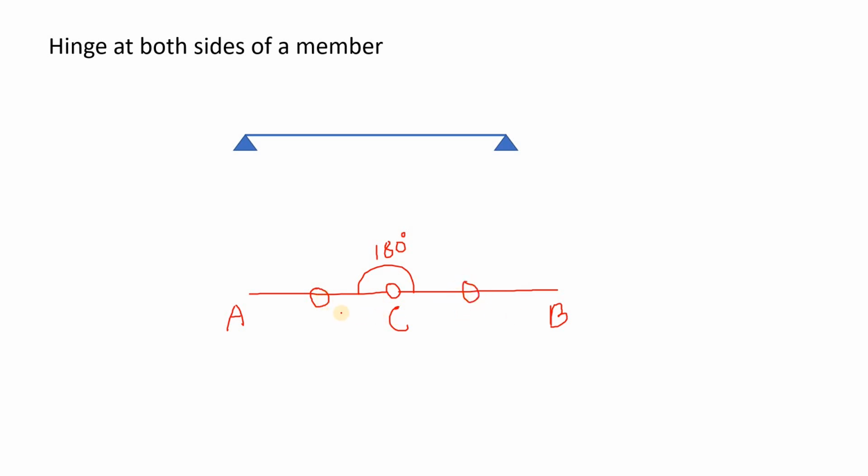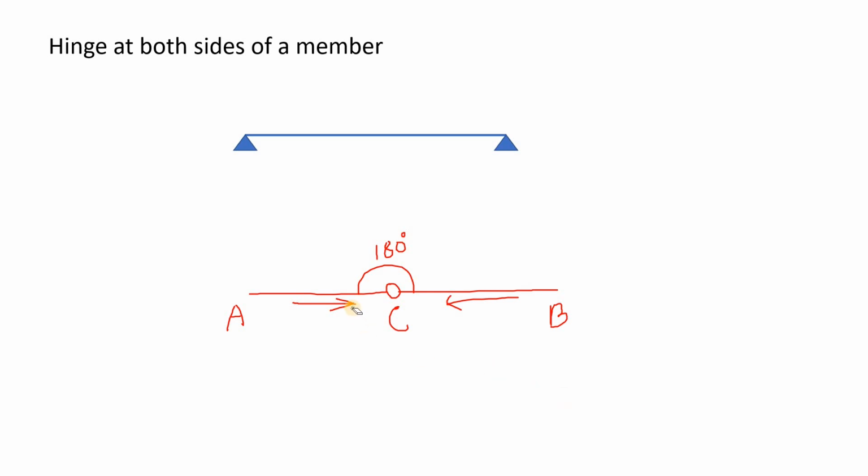So what happens here is that if AC was not a zero force member, and let's say AC had a force coming from this direction towards the joint, then BC would have to have a counter force to keep it in equilibrium. That is why, if AC is not a zero force member, BC cannot be a zero force member.